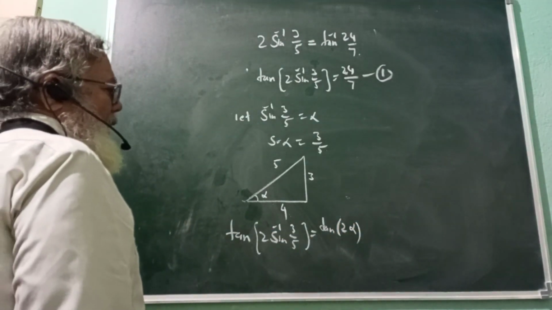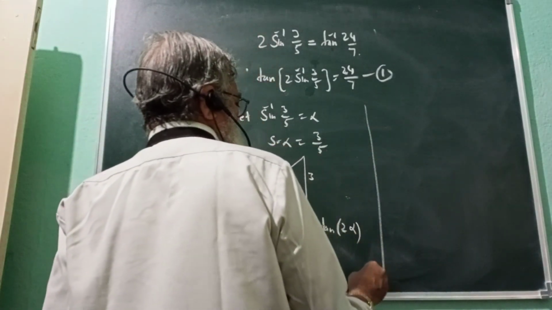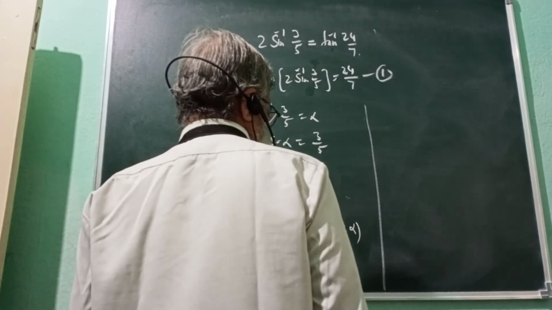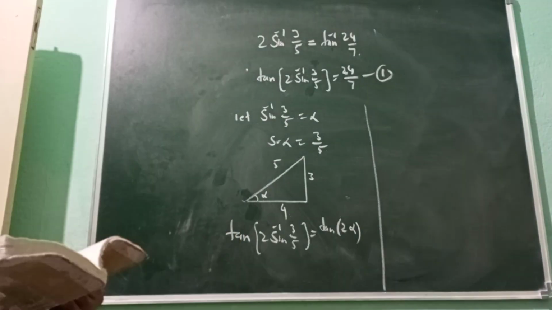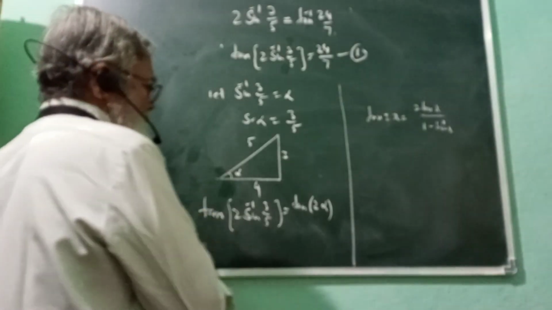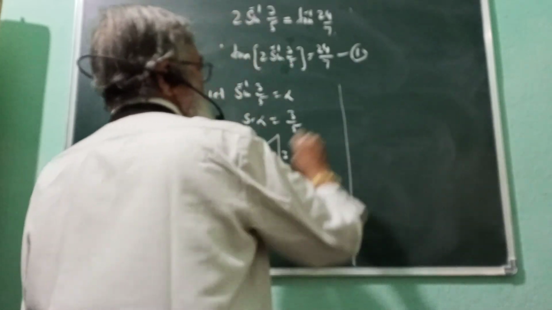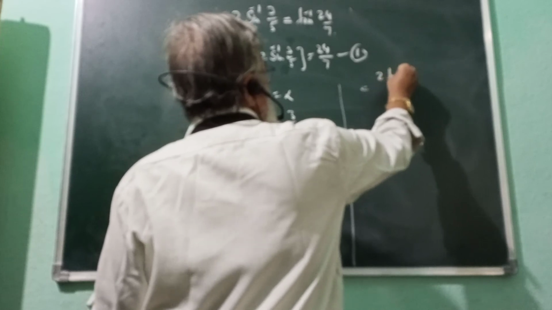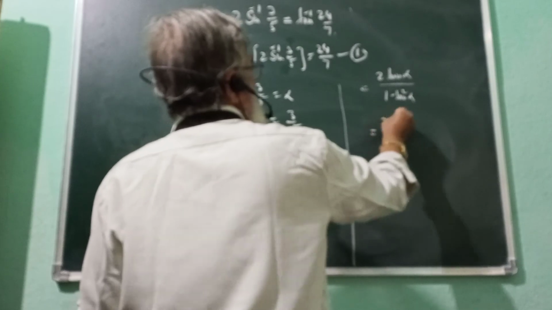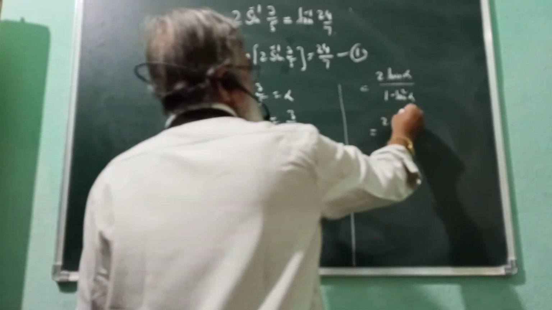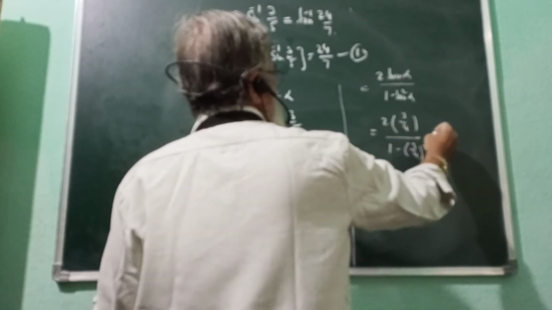Now use the formula for tan 2 alpha, that is tan 2 alpha is equal to 2 tan alpha divided by 1 minus tan square alpha, that is 2 into tan alpha, 3 by 4, over 1 minus 3 by 4 square.